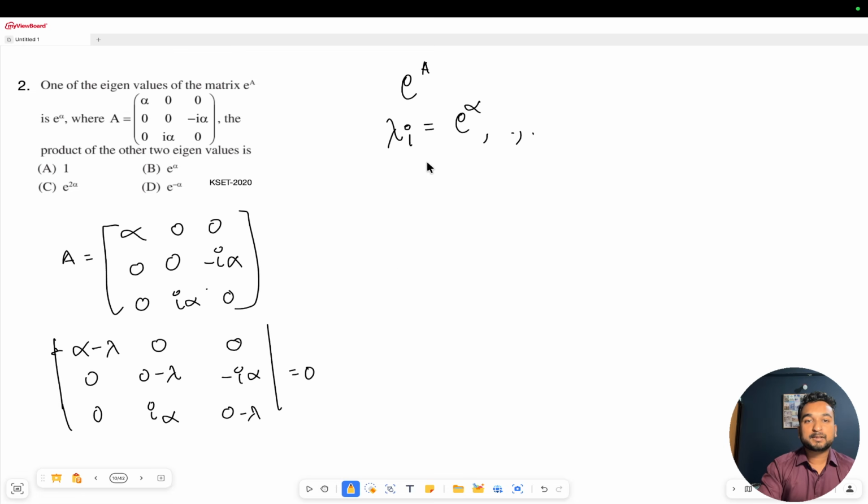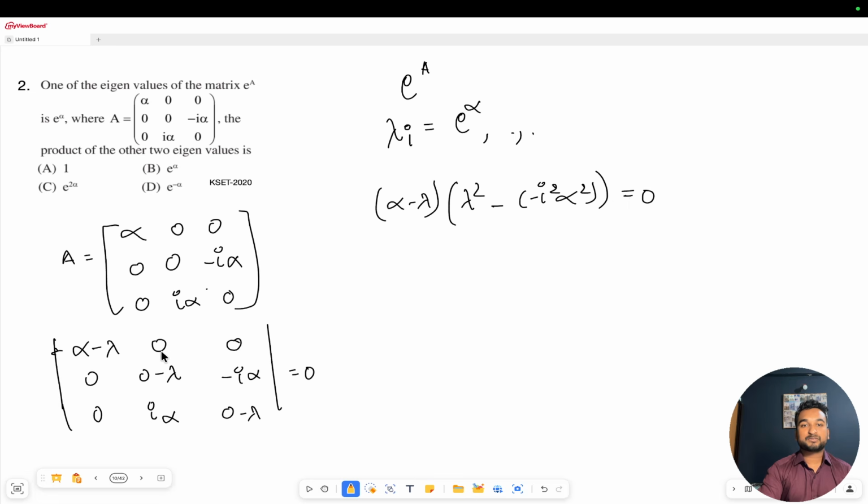What will you get? Alpha minus lambda into, this will be minus lambda into minus lambda, which is lambda square, and this one minus is already here, and this will be minus iota square alpha square equals 0, because the next two terms are 0 and will contribute nothing.